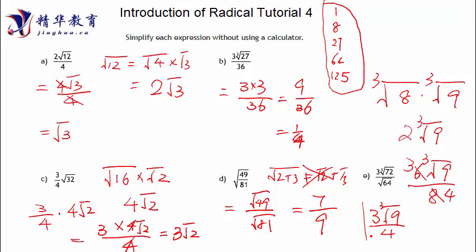This still seems complex, but trust me, this is the most simplified term. You cannot do anything else. Cubic root of 9 is not equal to anything nicer, it's an irrational number. And the 3 over 4 cannot be simplified anymore. That is the simplest term.